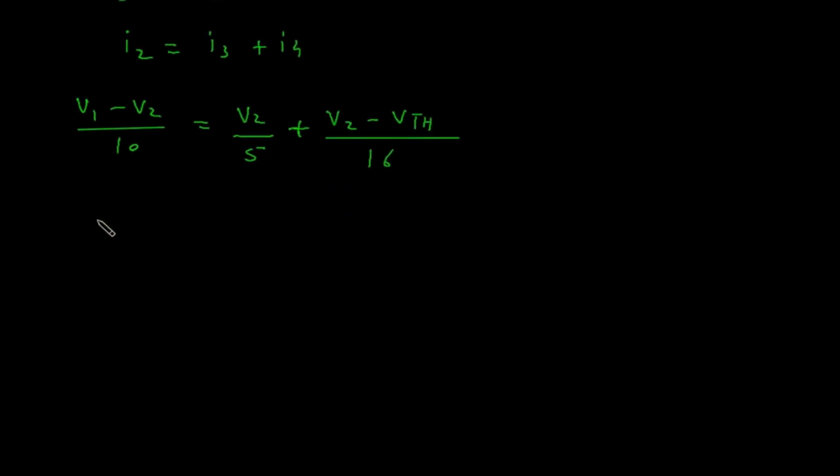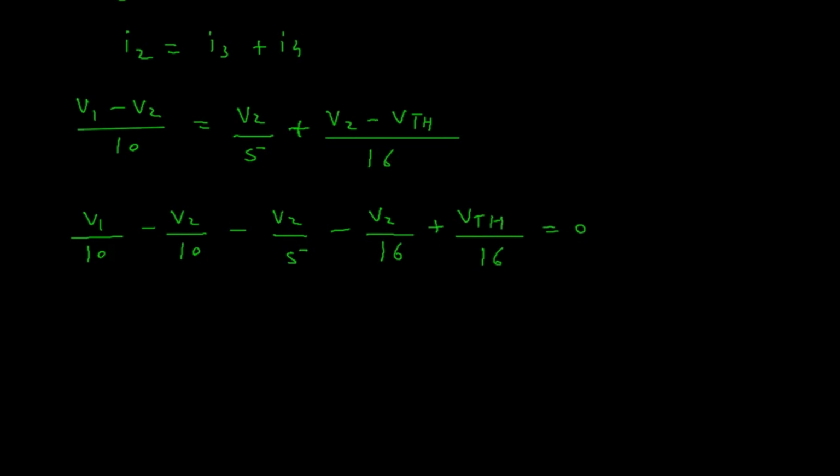So this will be V1 by 10 minus V2 by 10 minus V2 by 5 minus V2 by 16 plus VTH by 16 is equal to 0.